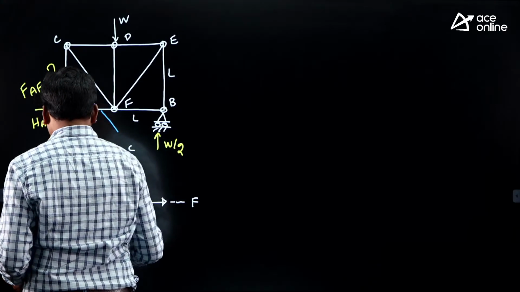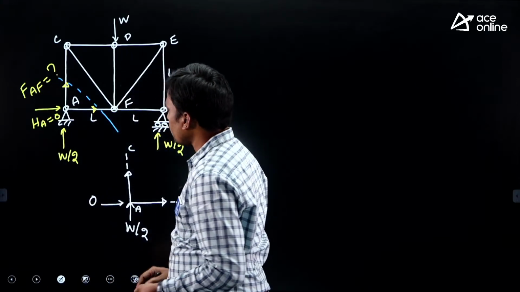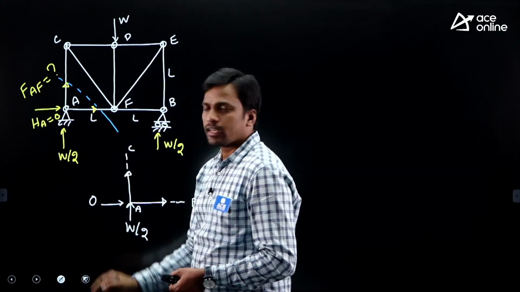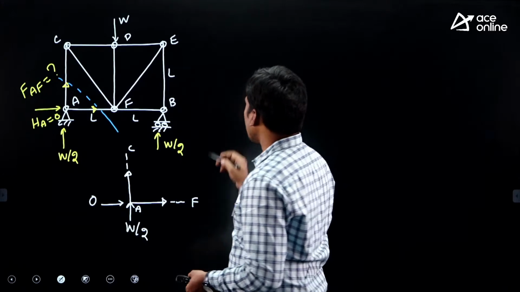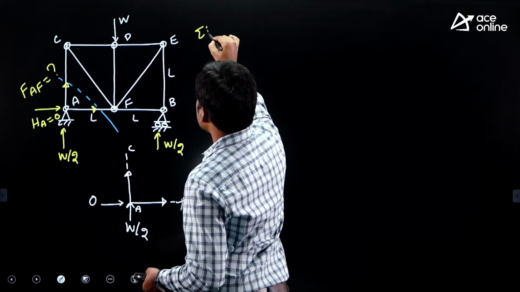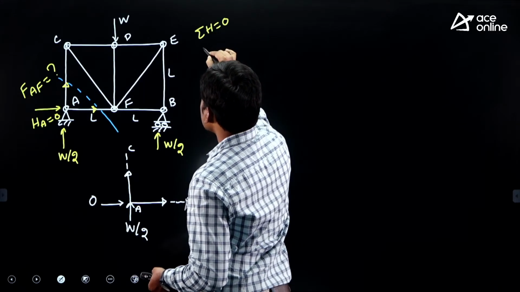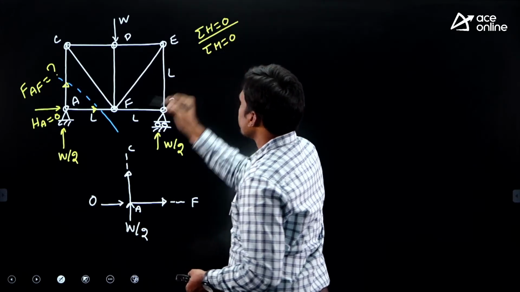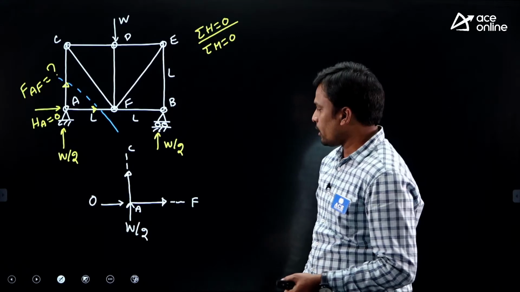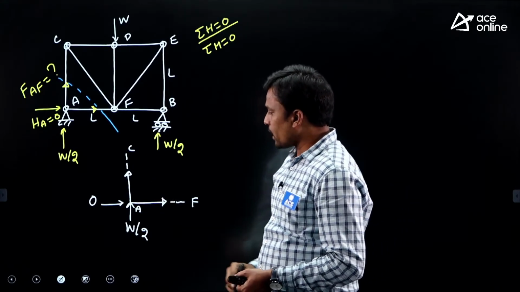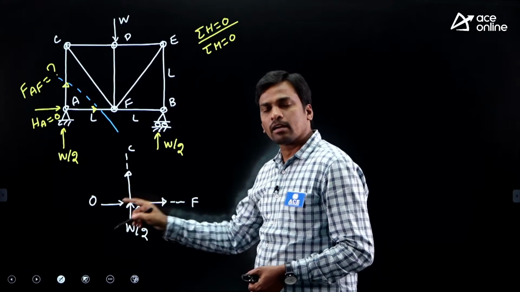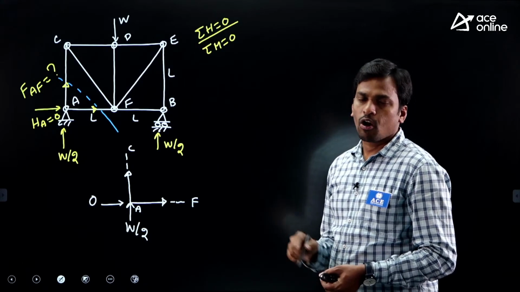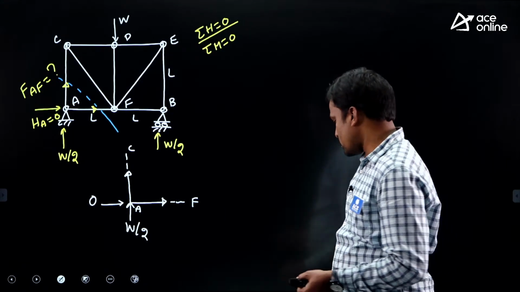Right, so we have to find the force in which member? AF, the horizontal member. For a horizontal member, the preferable equilibrium equations are sigma H equals 0 and sigma M equals 0. First we'll try sigma H equals 0. Tell me, in this free body diagram, how many horizontal cut members are present?